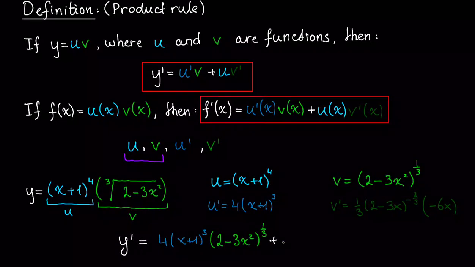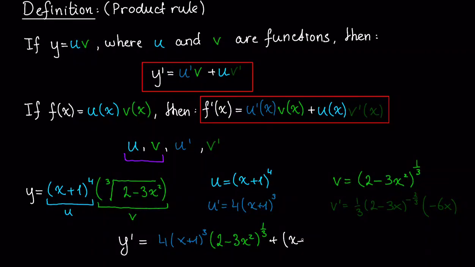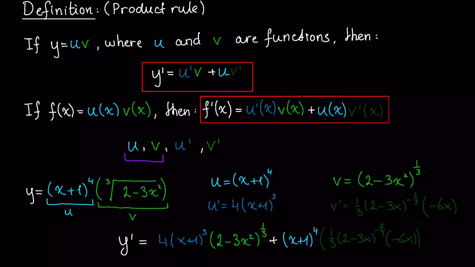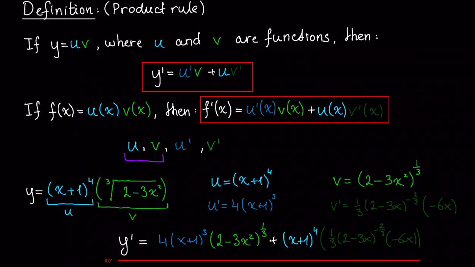And we add that to the original of u, (x plus 1) to the power of 4, and we multiply it by v prime, 1/3 times (2 minus 3x squared) to the power of negative 2/3, and times negative 6x. And this here would be the correct expression for our y derivative. However, it is pretty long and requires simplification, but I will leave that to you.